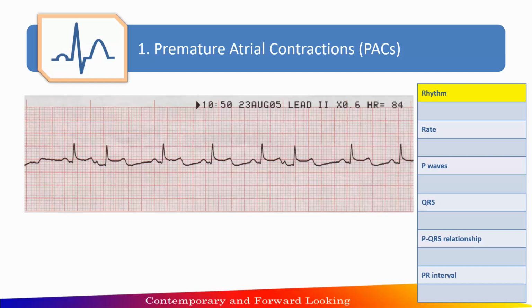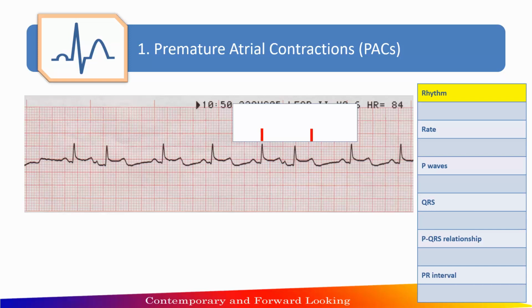So first of all, grab a piece of paper, align the edges against 2 or 3 normal beats, and mark off the R to R intervals. Next, move your markings down the rhythm strip to check if all the R waves fall regularly on your marks. Here, we see that one of the beats does not fall on the mark.